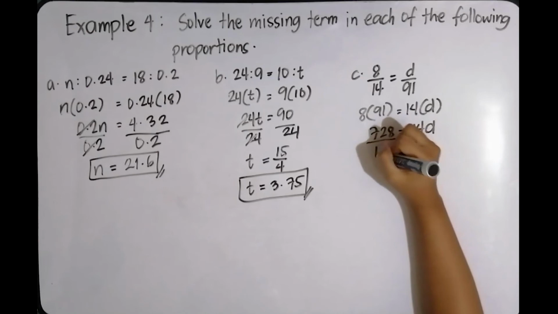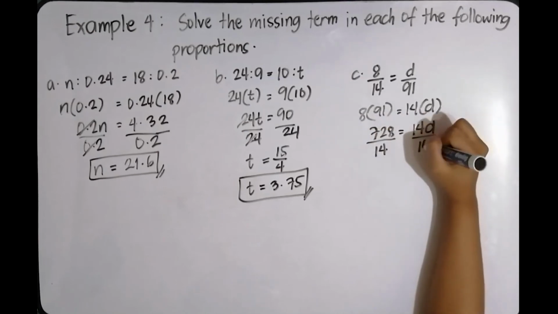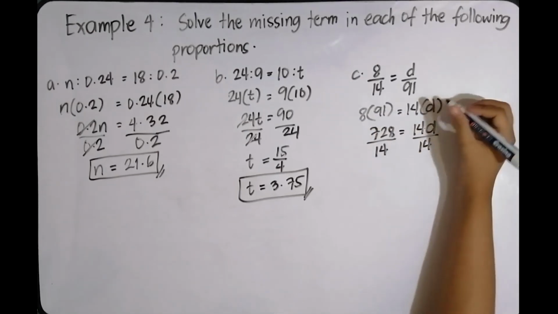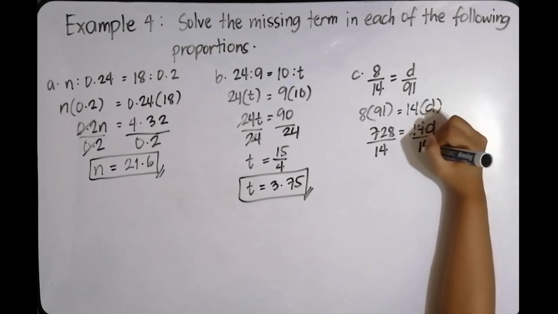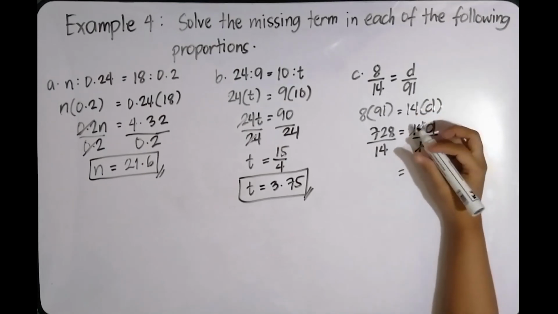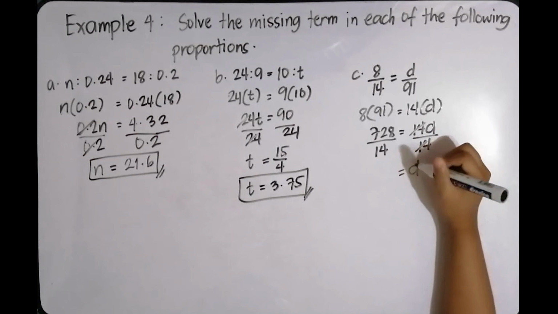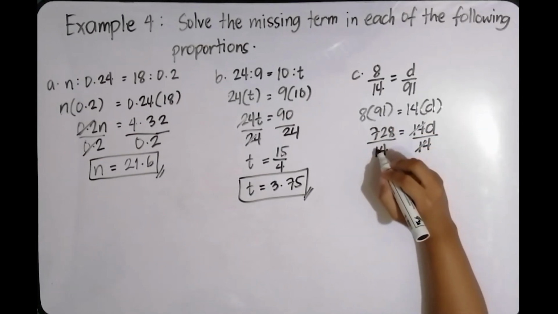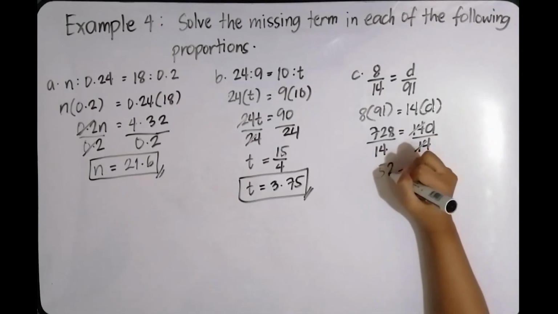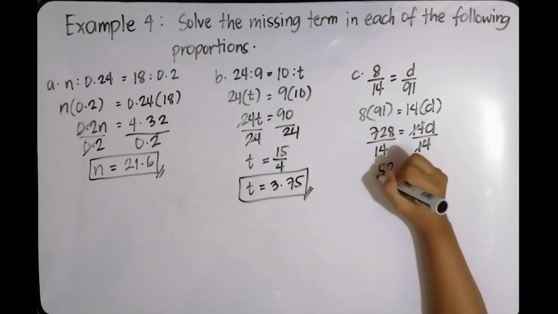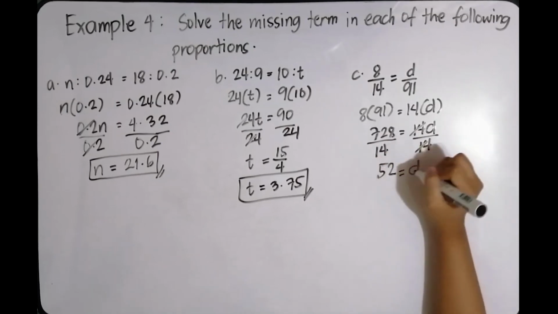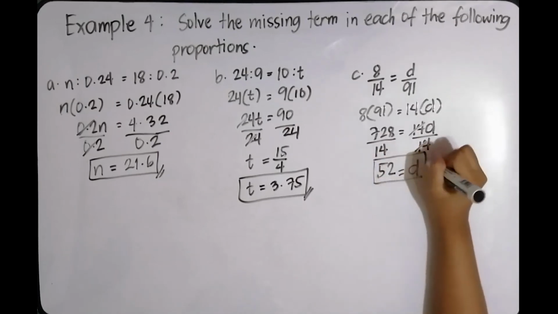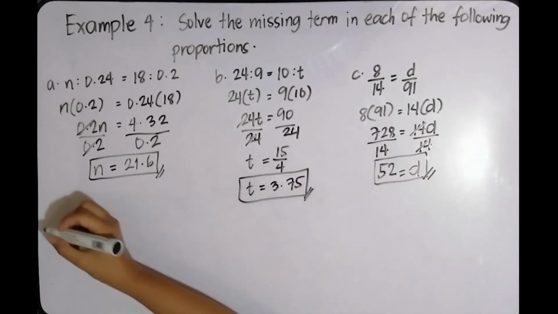So divide both sides by 14 to get the value of D here on our right side. So 14 divided by 14 is equal to 1. So we have remaining D. 728 over 14 is equal to 52. So our D, or the remaining term, is equal to 52.